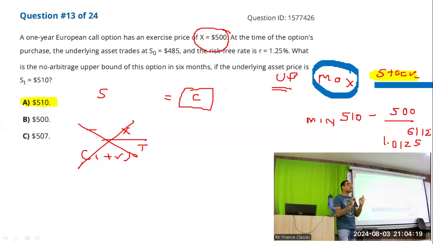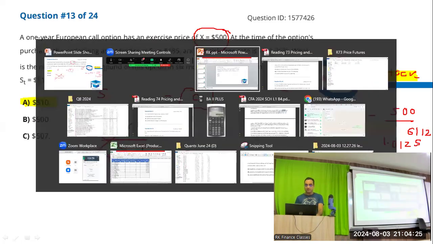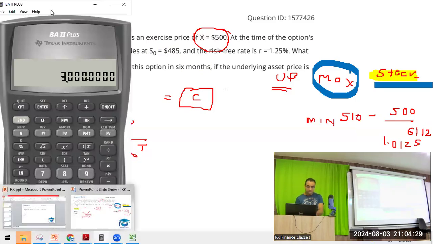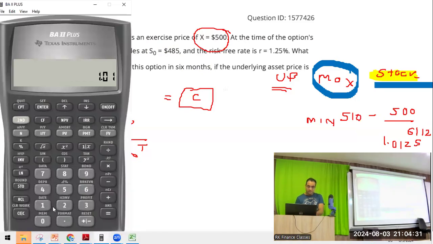See, option value can never be negative. So if it is coming out to be negative, we'll replace it by 0. So 1.0125 raised to bracket open 6 divided by 12 bracket close.